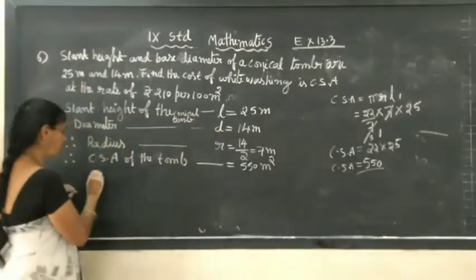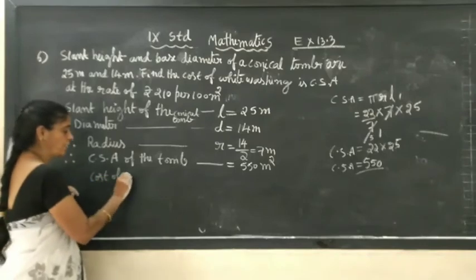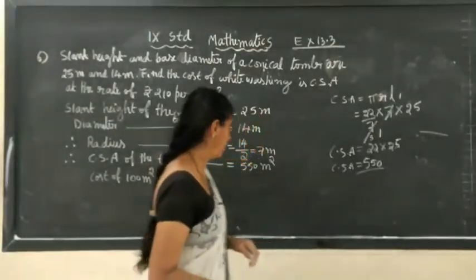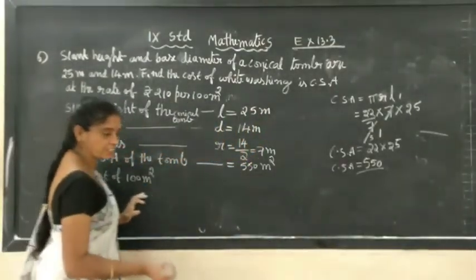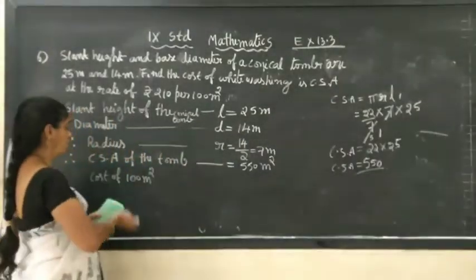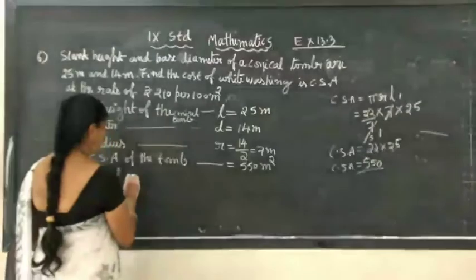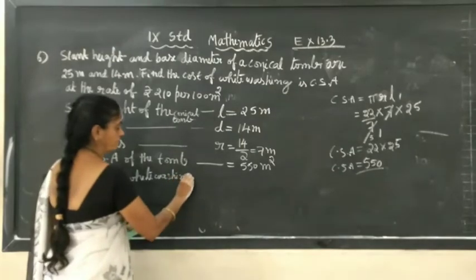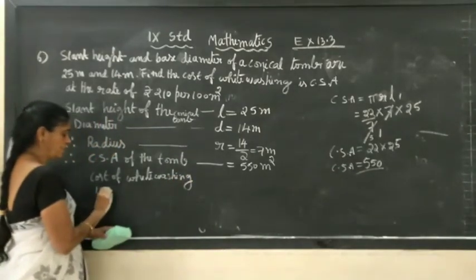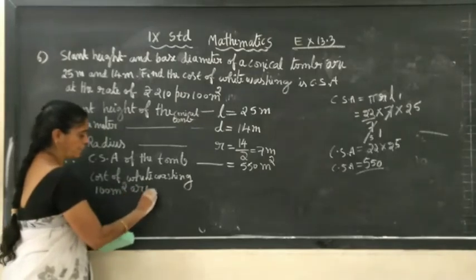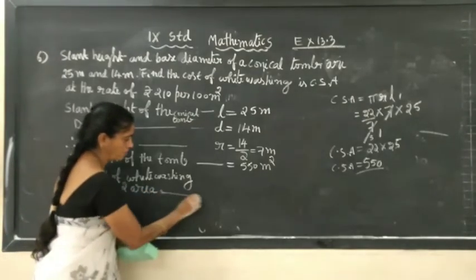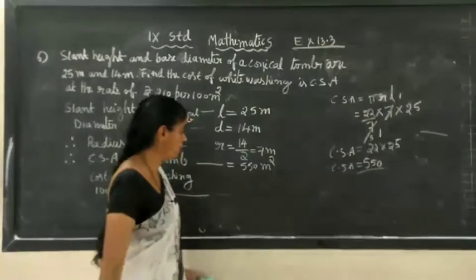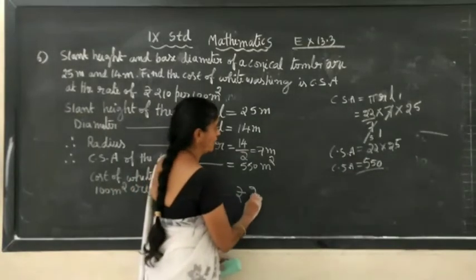Next, the cost of whitewashing. For a 100 meter square area, if you want to whitewash that tomb, they will take 210 rupees.